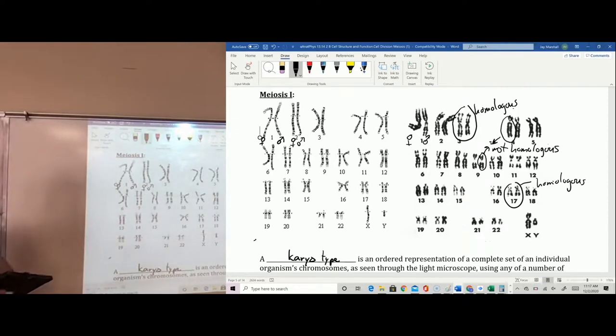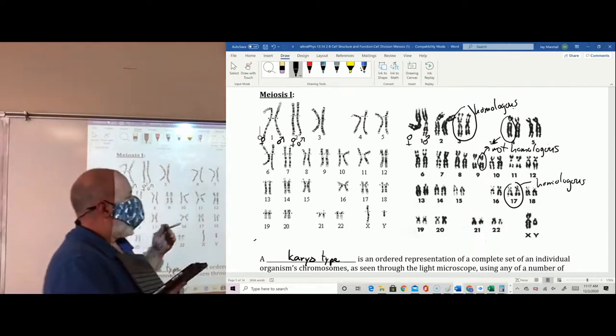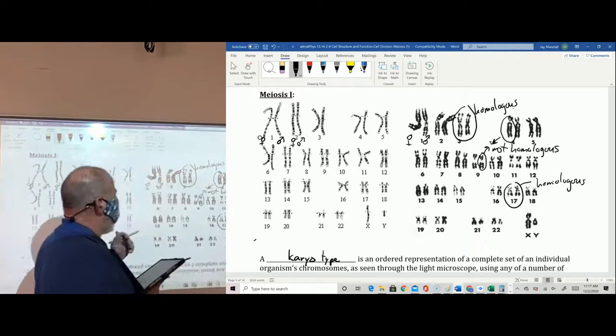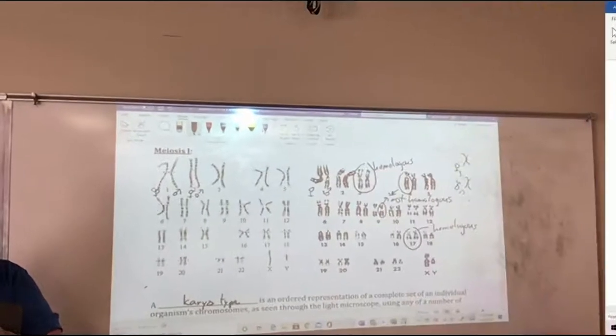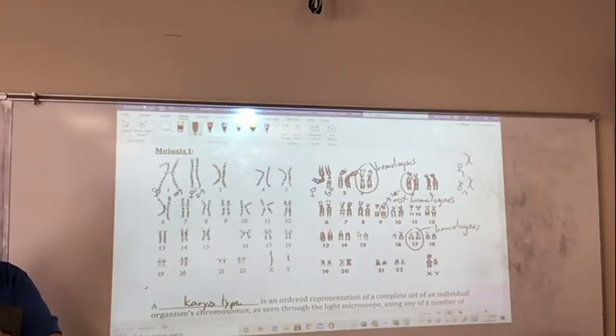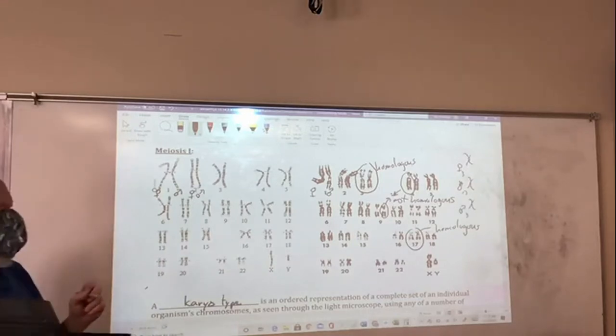Okay? And here's why this is going to be important to us. Because in mitosis, let's say that this is mom's duplicated chromosome 3, and then let's say this is dad's duplicated chromosome 17, but then I've got dad's duplicated chromosome 3 here. Okay?